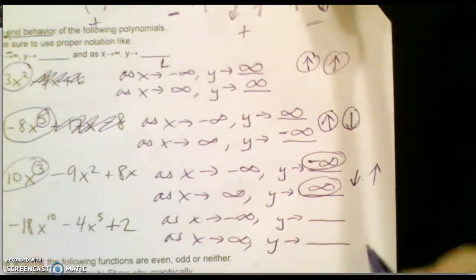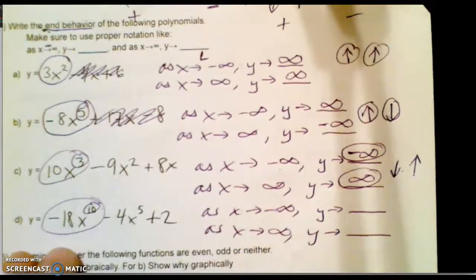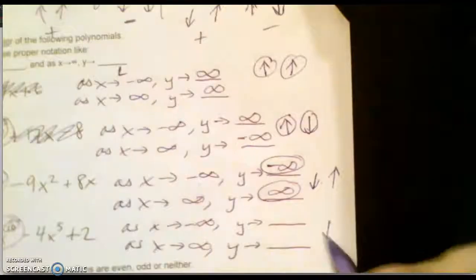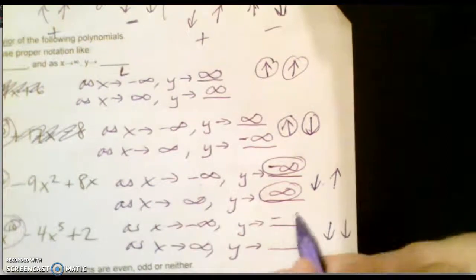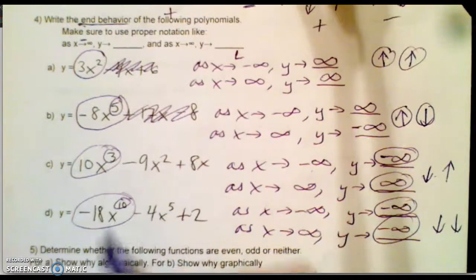And last but not least, you have even power negative number. An even power negative number goes down, down. So down is that, down is that. Two answers. Sweet. That's called end behavior. Remember, only the biggest power matters in that. Usually all the numbers matter, but not this one.